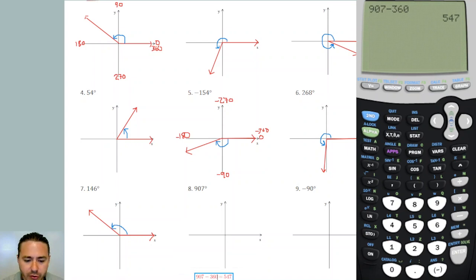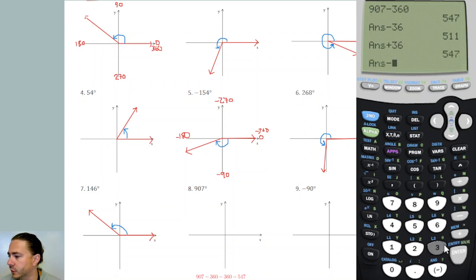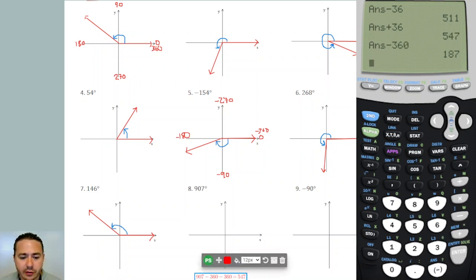Let's back it up. That's where we were, 547 minus 360, 187.